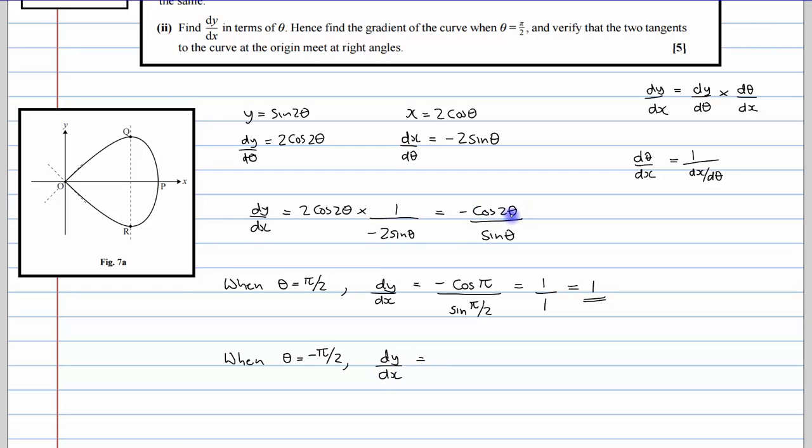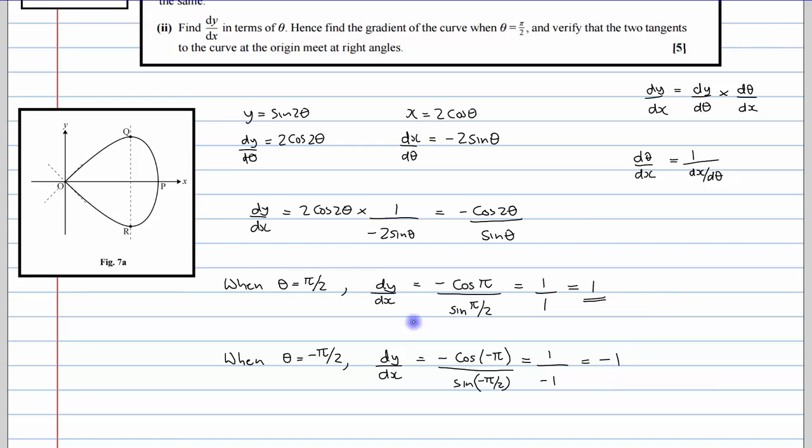We've got negative cos 2 theta, which becomes negative cos of negative pi over sine of negative pi over 2. Remember, you can either use your calculator or the shapes of the graphs to find these out. Cos of negative pi is negative 1, just like cos of pi, so the top becomes positive 1. Sine of negative pi over 2 is negative 1, so we're left with 1 over minus 1, which is minus 1.